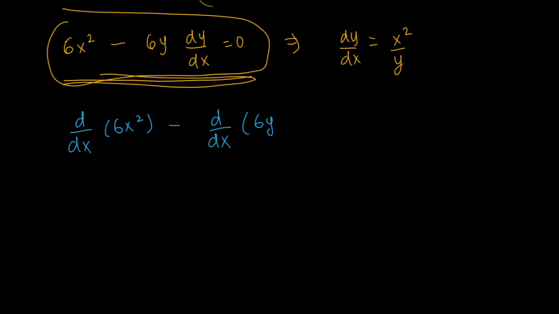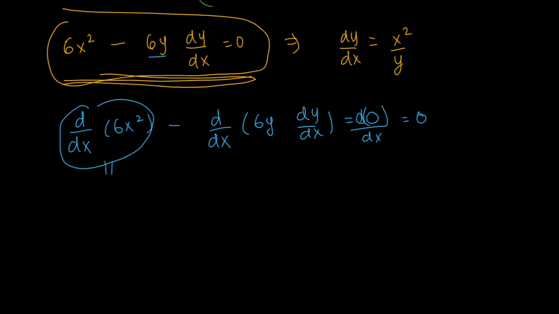This would be d over dx of 6y times dy over dx. All of this is equal to 0, since d over dx of 0 is just equal to 0 anyway. This entire thing right here is equal to 6 times the derivative of x squared, and that is 2x, minus this thing, which is a product of two functions. dy over dx is a function, and 6y is also a function.